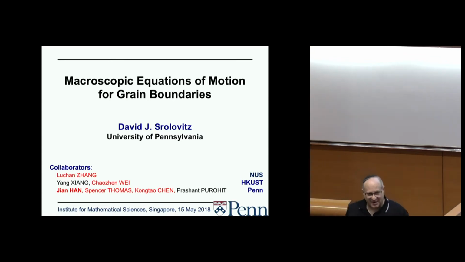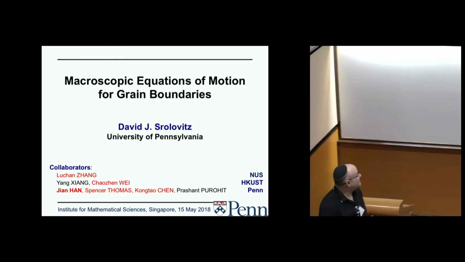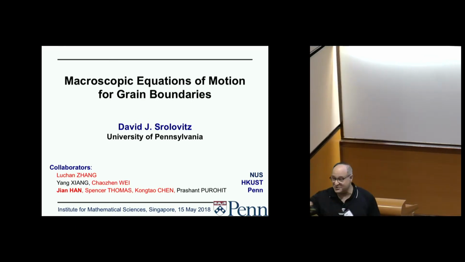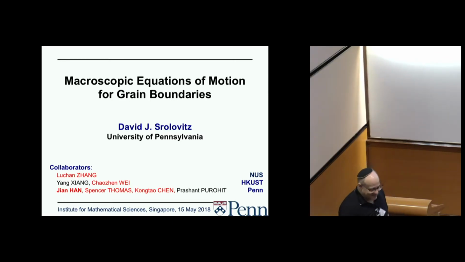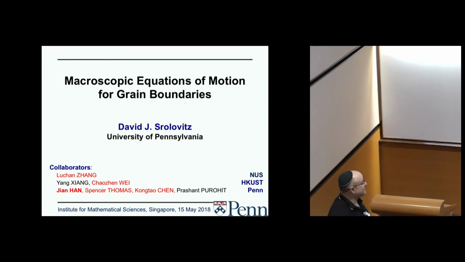Like most problems, when you get to be a senior professor, that means that most of the work is done by younger people. So all the people in red here: Lu Chan, who's around here someplace, was a graduate student of Yang Xiang, and she spent 6 months with me at Penn, and some interesting things came out.